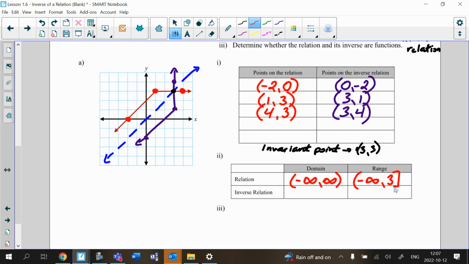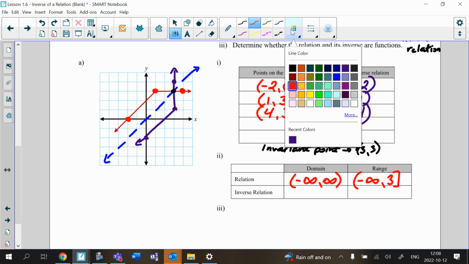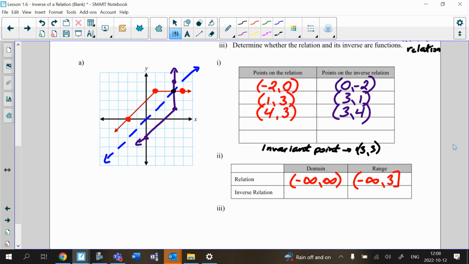Furthest right is at 3. What's the range of the purple one? Lowest to highest? Well, it goes down forever and up forever, so negative infinity to positive infinity. Do you notice anything? Yeah. The domain and ranges are inverses of each other.